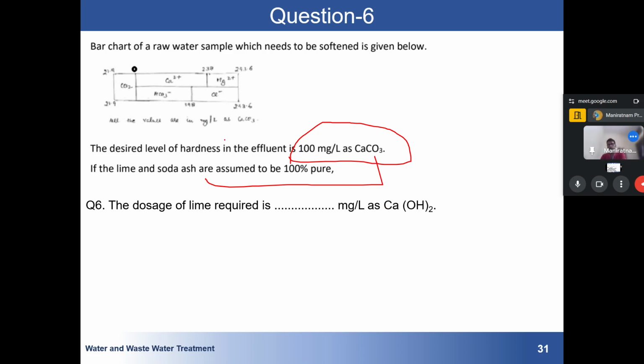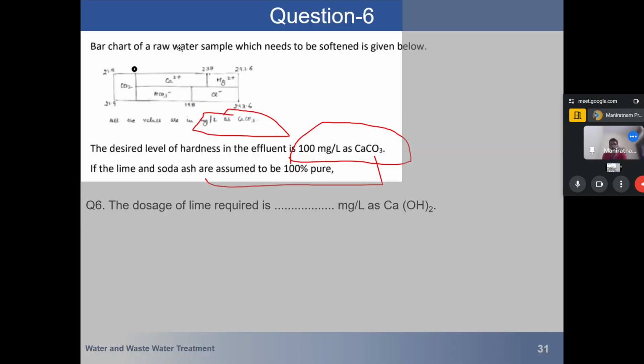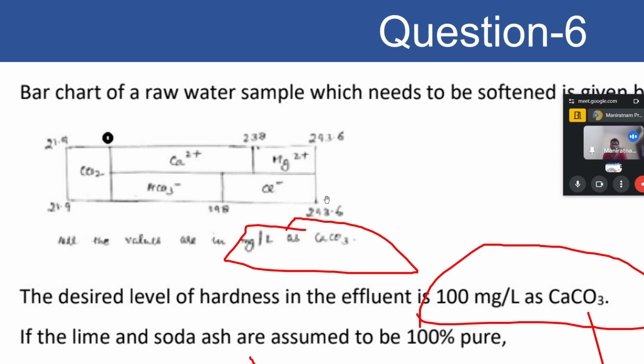Remember, all this data is in the form of milligram per liter as CaCO3. If you are not clear, I will just zoom out. See here it is 293. How can you read this graph?